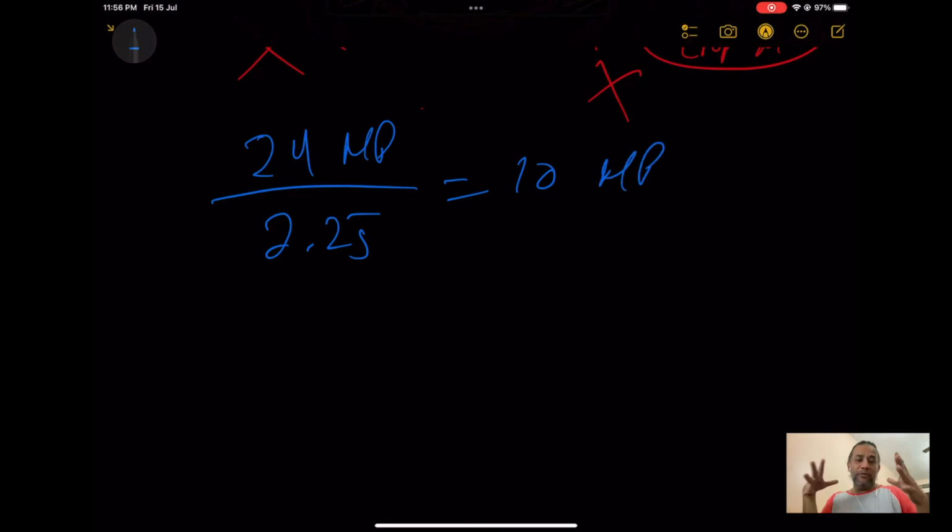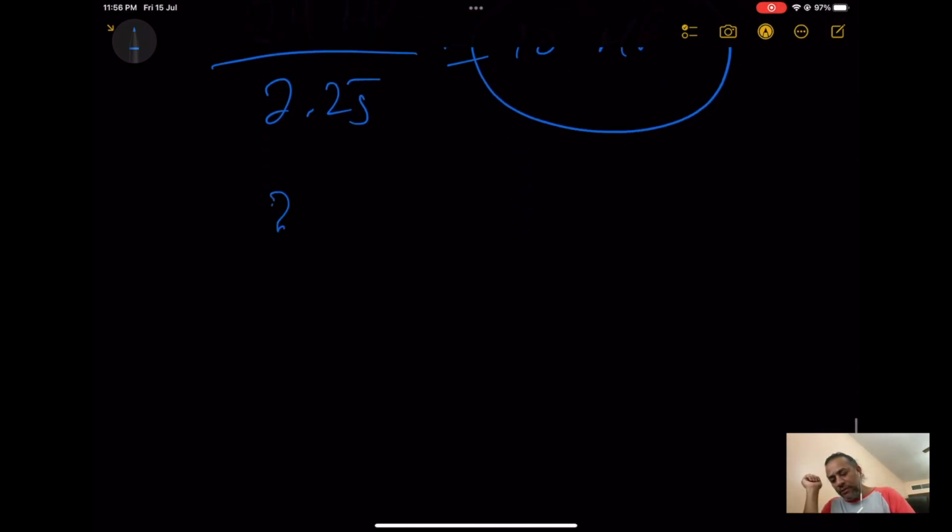So if you are using a 24 megapixel excellent camera like D750, D780, Z6, Z6II, or your D610, D600, or A7, A7II, A7III, or Panasonic S1, all these cameras are 24 megapixel. So you are going to get only 10 megapixel if you use a crop sensor lens on those 24 megapixel cameras.